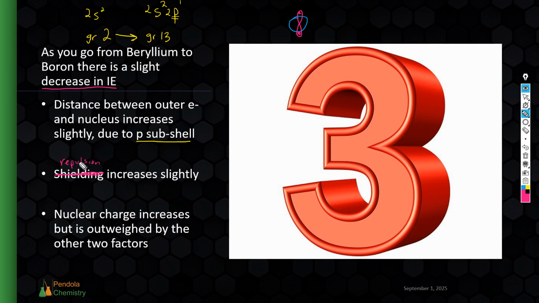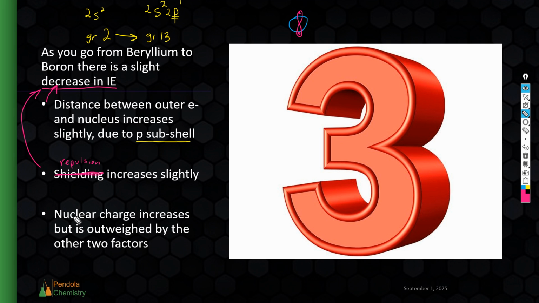Here, it's more of a pseudo-shielding between sublevels. So we're going to call this repulsion instead of shielding. Repulsion increases slightly because now we have p sublevels that are bigger than the s sublevel, and those p sublevels are going to have a fair bit of repulsion with those s sublevels. Between the repulsion and the p sublevel, both of these indicate a decrease in ionization energy.